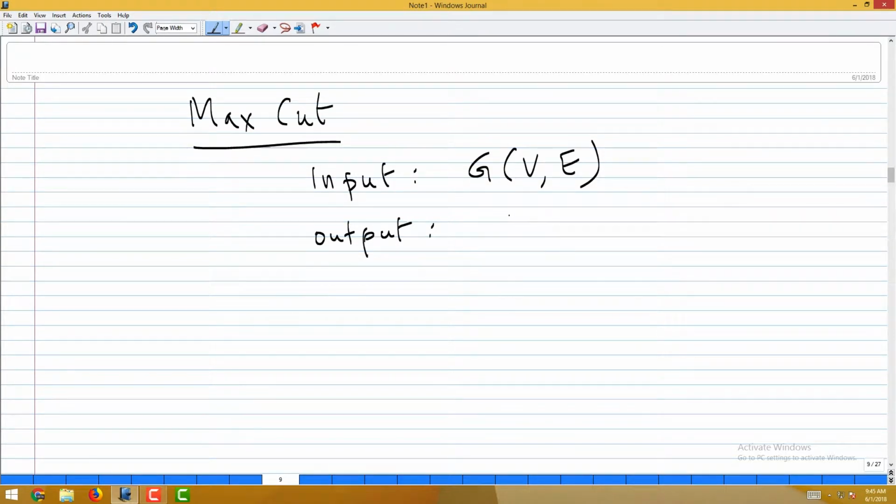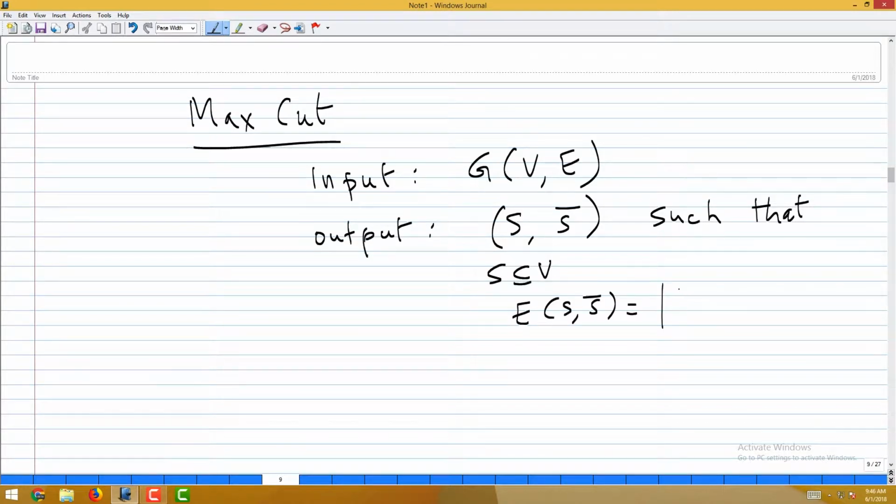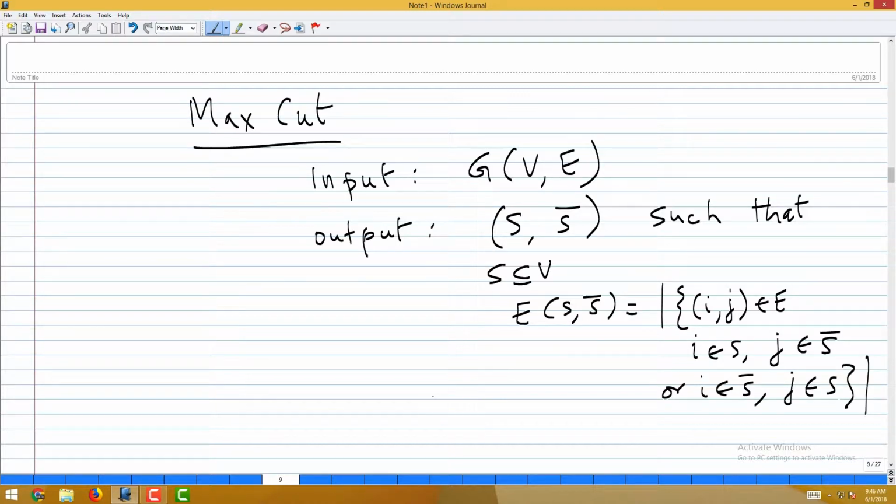The output is a partition of the vertex set such that the number of edges going across is maximized. Now, is the problem clear?